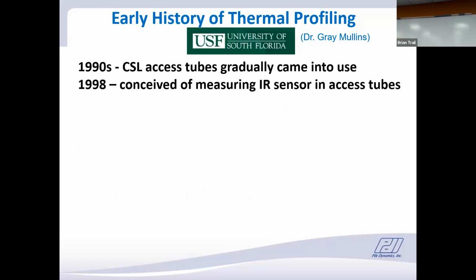They were put in piles to check. There were more and more of them. And so by 1998, they said, why don't we measure inside the tubes using an infrared temperature sensor? Good idea. Problem with IR sensors is you have to remove water from the tubes. For the CSL test, there's water in the tubes.